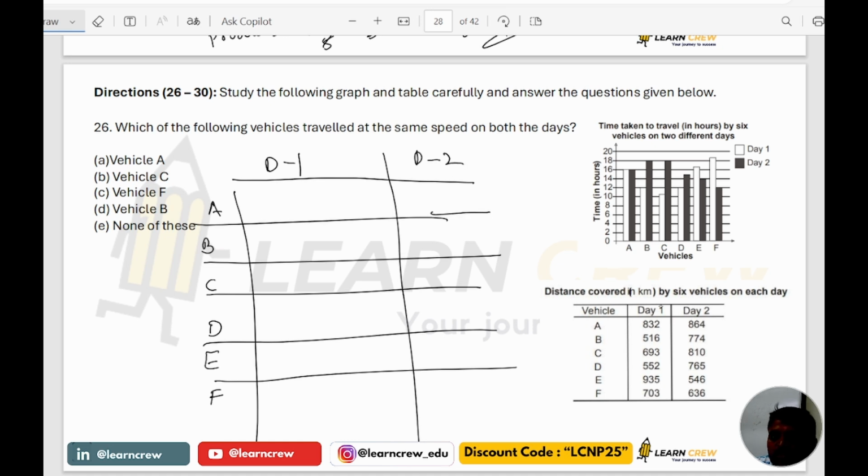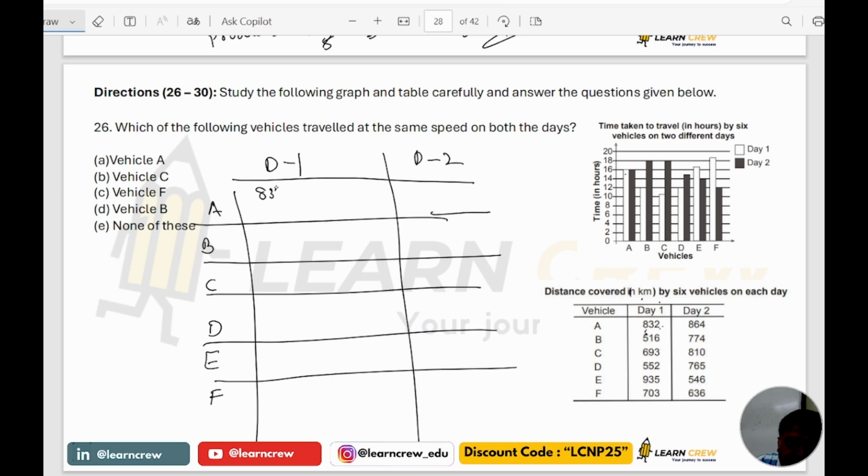Okay. So here the time taken to travel is given and the distance covered is given on each day. So what does it mean? On day 1, A covers 832 kilometers in 16 hours. So what is the speed of vehicle A? Vehicle A, it is 832 by 16.